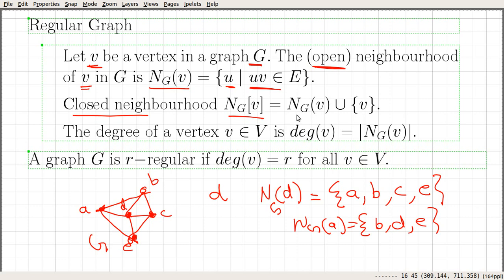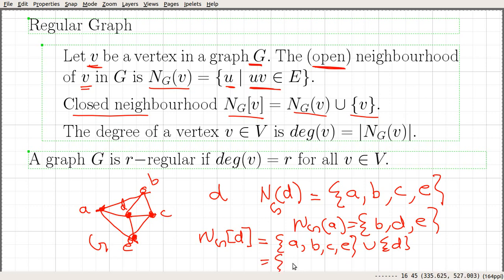It is nothing but the open neighborhood of V union V. For example, in this case the closed neighborhood of vertex D will be equal to N sub G of D union D. So it will be the set A, B, C, E union the set D, which is equal to A, B, C, D, E. This is how we define the closed neighborhood.